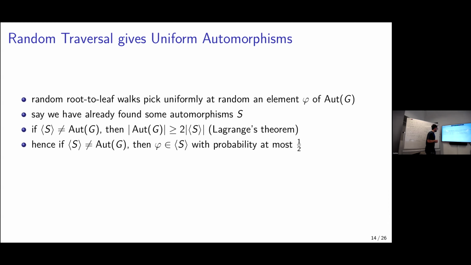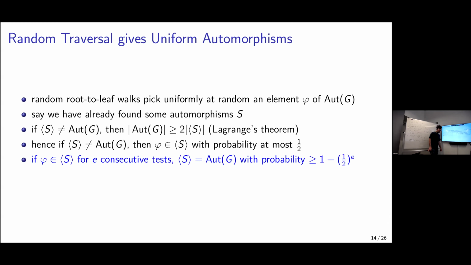So if we've not yet discovered the entire automorphism group, then if we sample an element of the automorphism group randomly, it will only be in the part that we've already found with probability at most 1/2. So we've boiled it down to a coin flip again, which is nice.